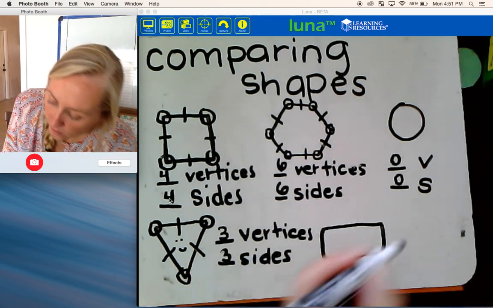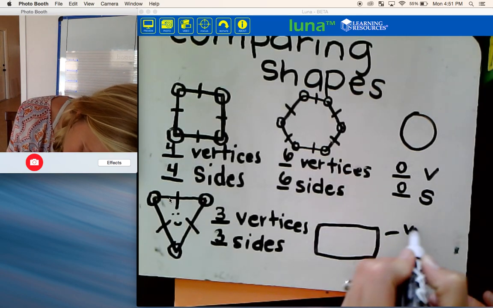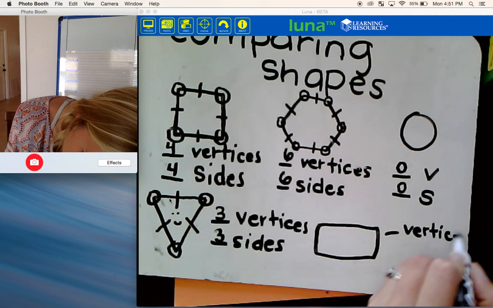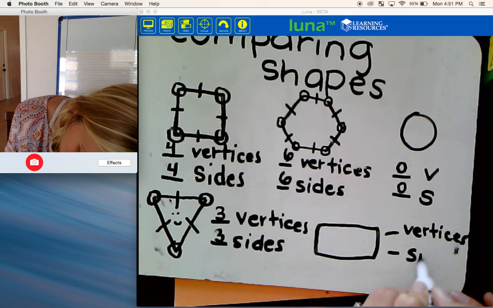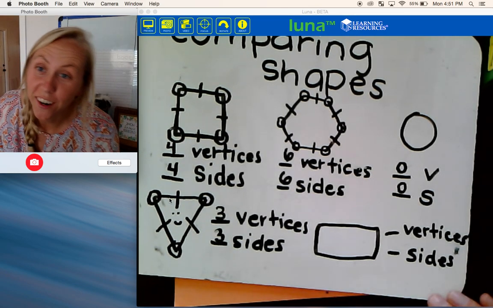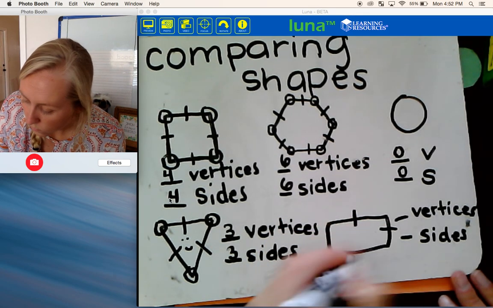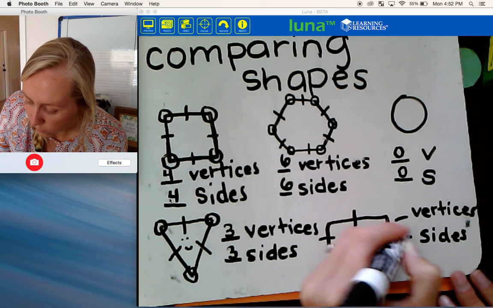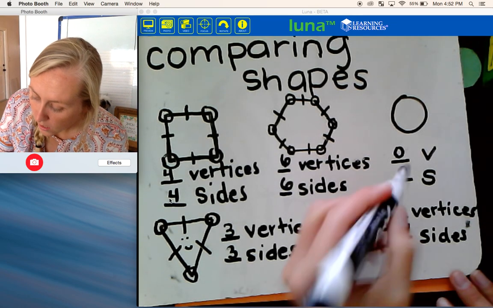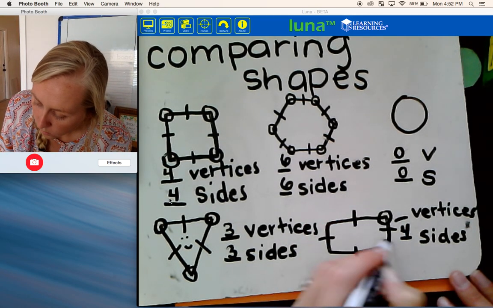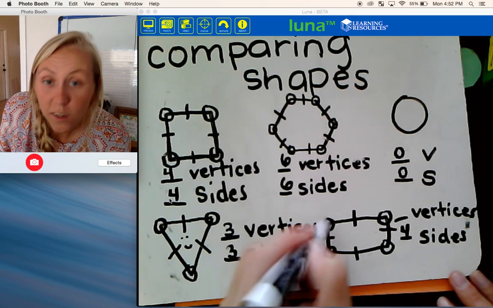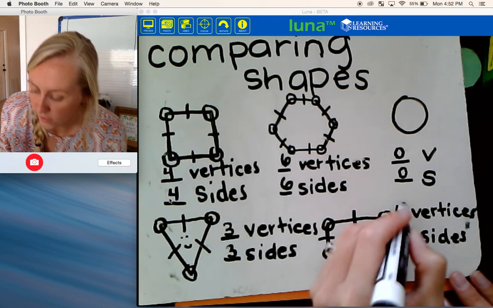All right, and then our last one that we have learned is our rectangle. Our rectangle has blank vertices and blank sides because we've got to count them first. Are you ready? Let's count our sides. 1, 2, 3, and 4. 4 sides on our rectangle. And then let's count our vertices. 1, 2, 3, and 4. 4 vertices.